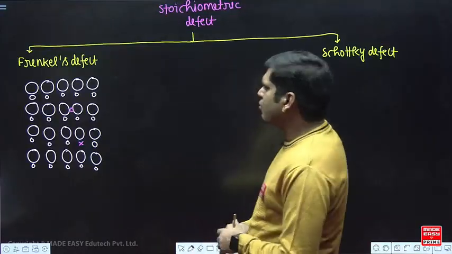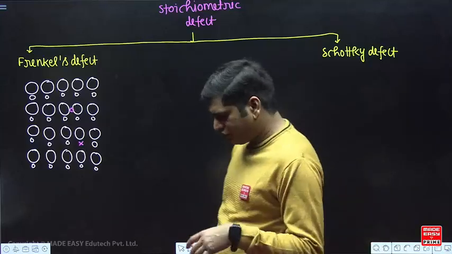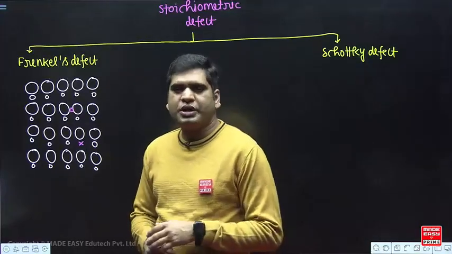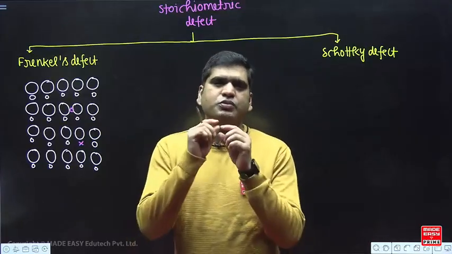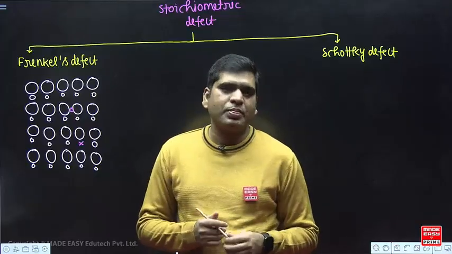Here you can debate why only the cation is leaving its position, why not the anion. Theoretically the anion may also leave its position and go to the interstitial position. But practically, interstitial positions are very small spaces.